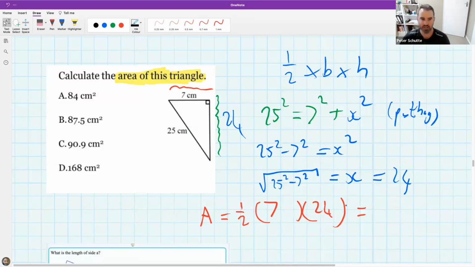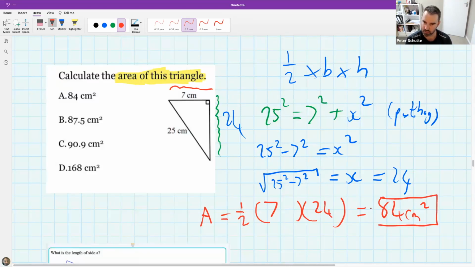You may need a calculator at that point, just to be precise. So we go, well, I get 84 centimeters squared. And so if I get 84 centimeters squared as the area of my triangle, the correct answer is going to be A.